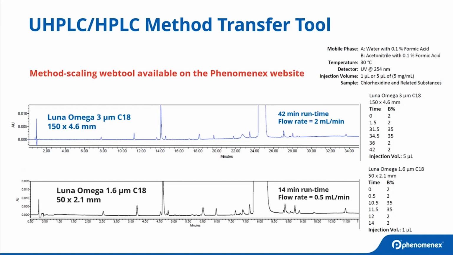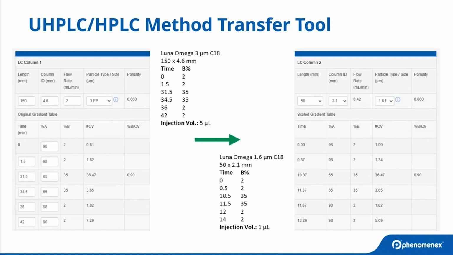Be mindful of the gradient tables in particular. We see that we've preserved our resolution when migrating from one to the next. But we are now going to see how those gradient tables performed with respect to the web tool.